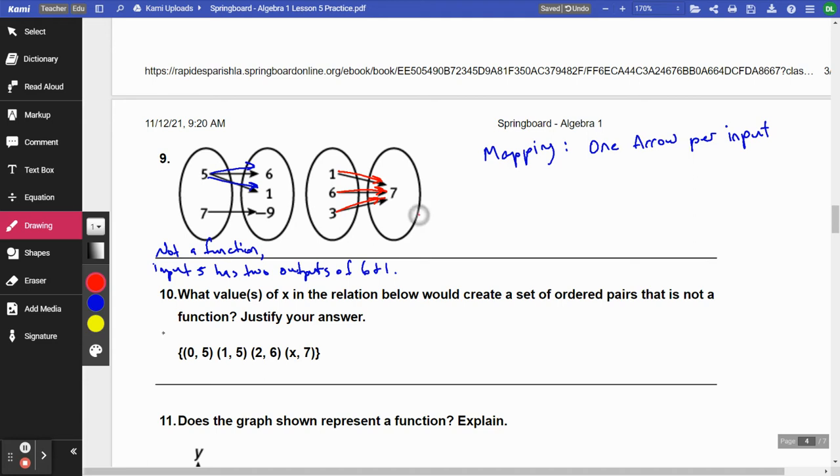So that means for this mapping, this would be a function, because every input has exactly one output.